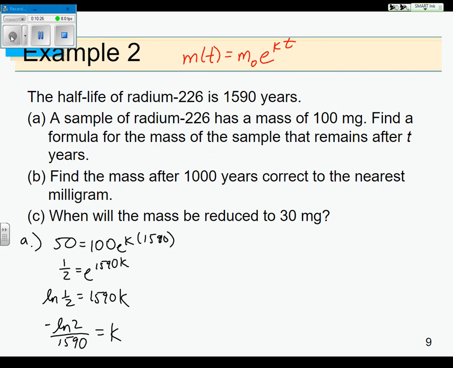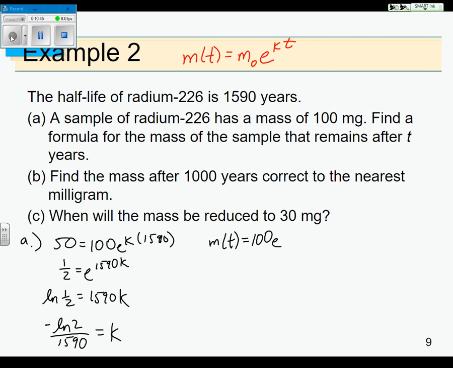I think in the last video I went ahead and decimaled it out. But my mass at time t is going to be equal to my initial amount, 100, e to the, let's decimal it out. I think most of you will. Here we go. Peyton left her calculator right here for me. Let's see.